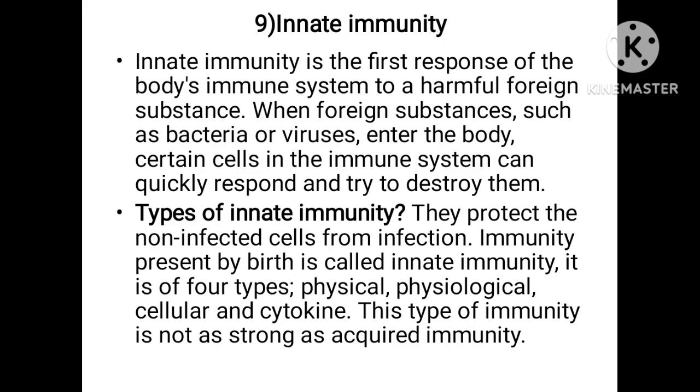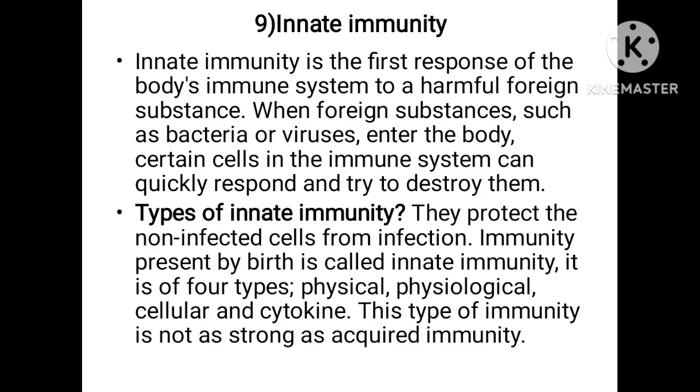In innate immunity, there are types. They protect the non-infected cells from infection. Immunity present by birth is called innate immunity. It has 4 types: physical, physiological, cellular, and cytokine.